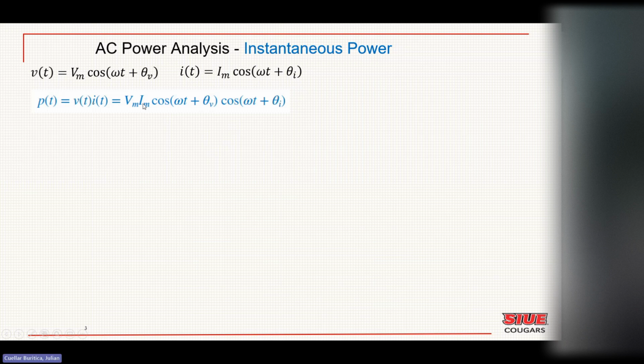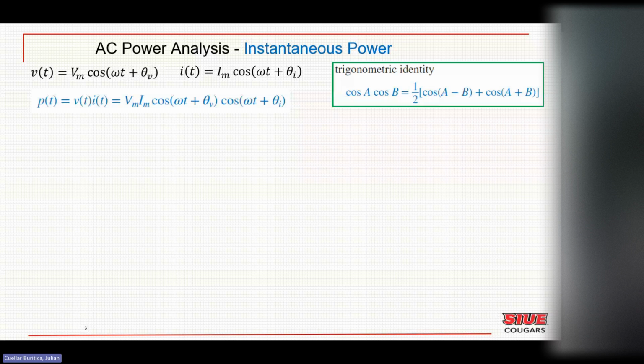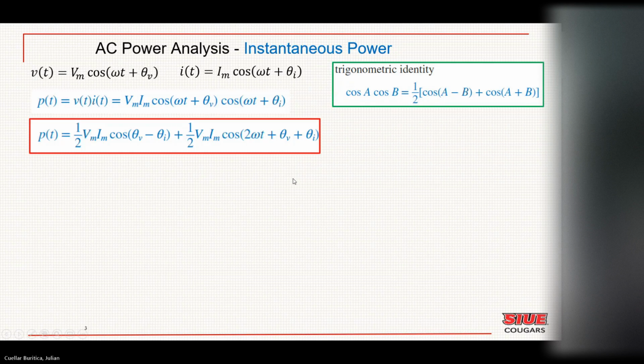Here, we are going to use a trigonometric identity that will help us to transform this product into a simpler equation. And when we do that, we get the following expression. Now we are going to have one half that comes from the identity, Vm Im cosine of the difference between the angles.